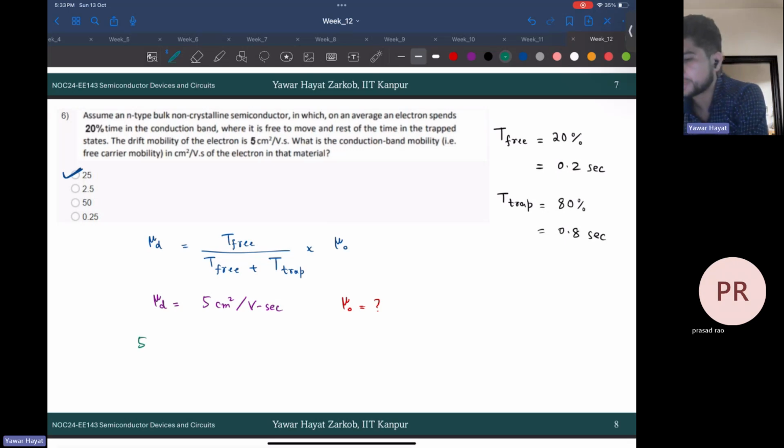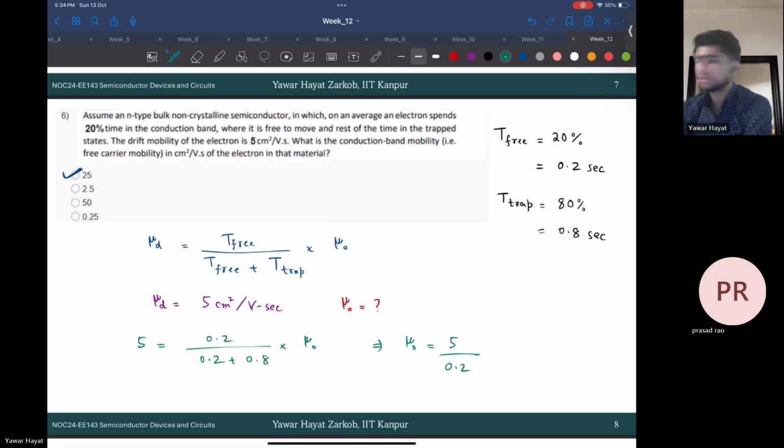Then you can write 5 is equal to 0.2 divided by 0.2 plus 0.8, times your mu naught, which would mean your mu naught is equal to 5 divided by 0.2, and that would be 25.